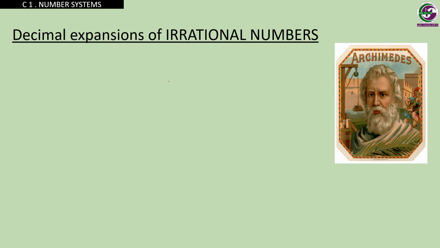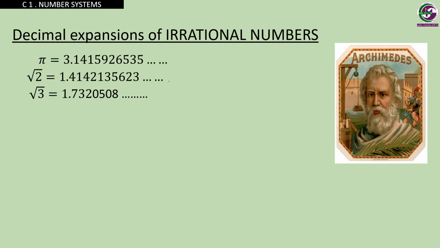So you know that pi is an irrational number, and here is the picture of Archimedes. He is a Greek mathematician who discovered the value of pi until 6 digits and more, a few digits after the decimal. And also we have a great mathematician from India.